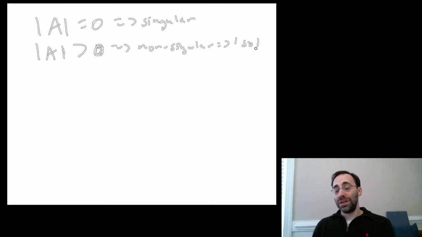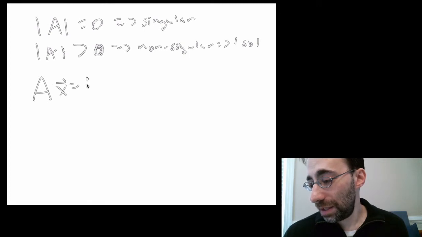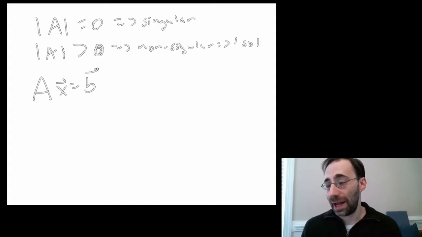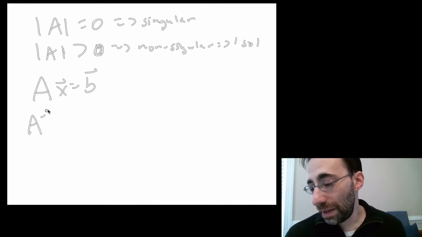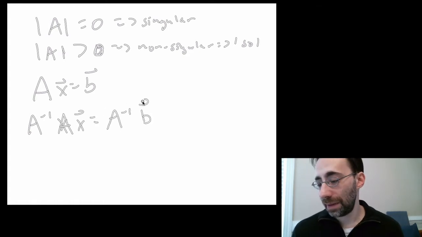And in that case, you can use the same technology to find that unique solution. And finally, we get to the point of this. If this is your equation, Ax = B, you can solve for x by inverting your matrix. So I multiply both sides on the left by A inverse. I get this equation here.